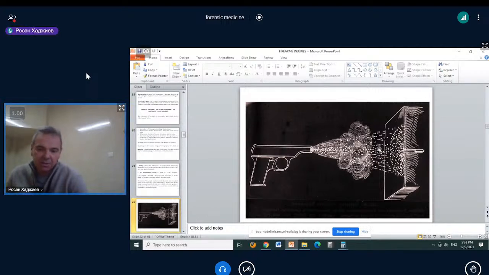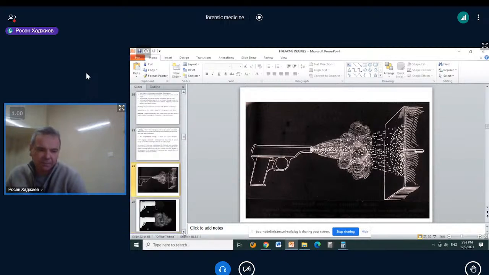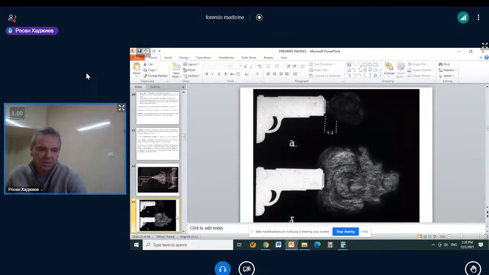The longer the distance, the wider this cone. These are soot, some small particles and burnt particles left from the gunpowder, metallic particles, lubricants. You can see here in this scheme.